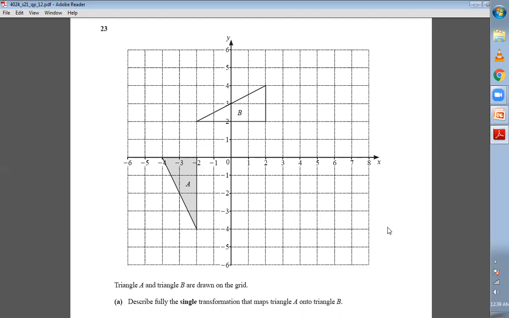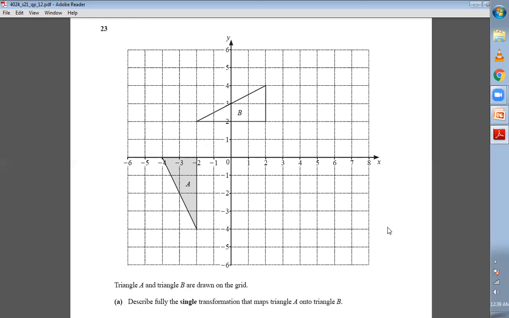So the method is very simple. Now here on this diagram, we have the image B and the object A. I will take the same points on the object and the image. I will join them, and then I will draw the perpendicular bisector. In the same way, I will take a second point on the object and the corresponding point on the image. I will join them and draw the perpendicular bisector.